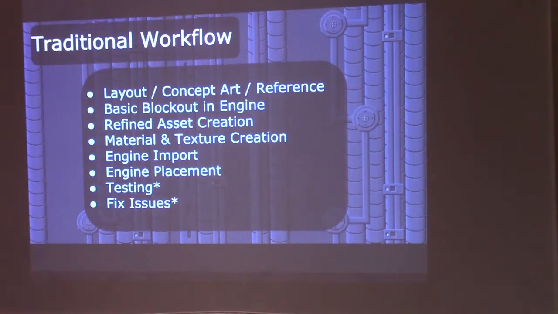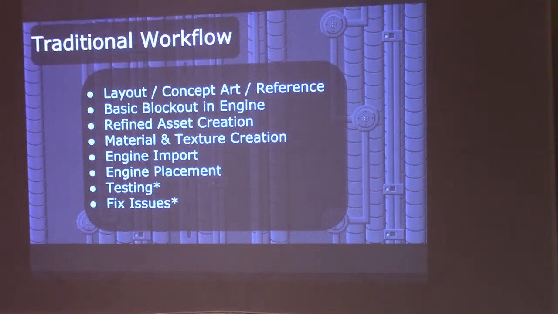But generally, when you're going to make an environment for a game, you do your layout, concept art, and look for reference images. And then you start viewing your basic block out in your engine of choice, because you want to get that sorted out. Sometimes a level designer will do this, not an environment artist, but again, it depends on the studio, so that you can hand this off to someone, they can test it, and make sure that what you're planning does work well, and the engine's not too big, not too small.